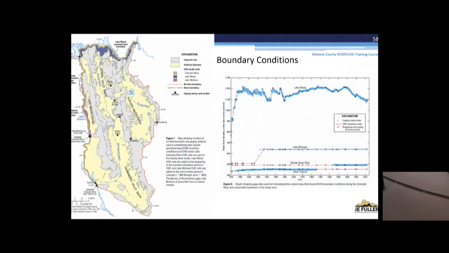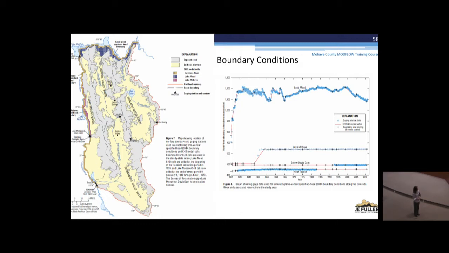So remember we talked about boundary conditions, and this is a graphic just showing the types of boundaries that they use. They use the prescribed flux boundary along Lake Mohave and Lake Mead and the Colorado River. And these are the conditions they put in.